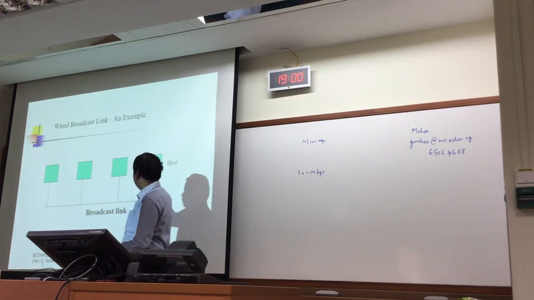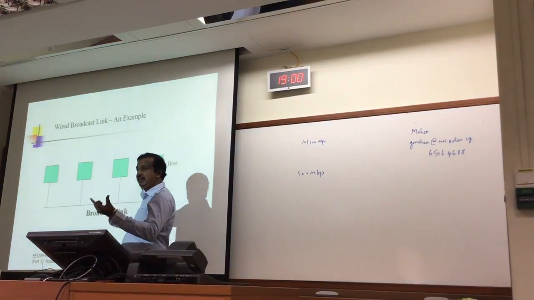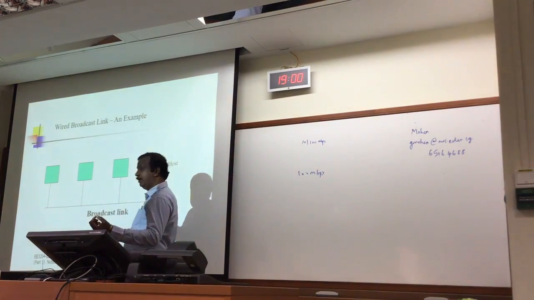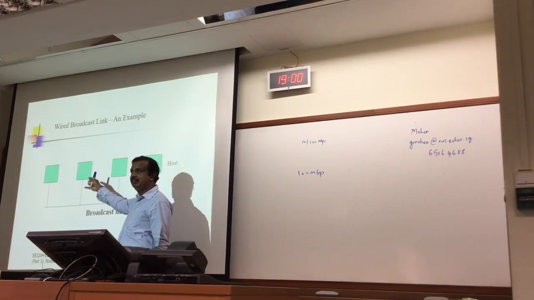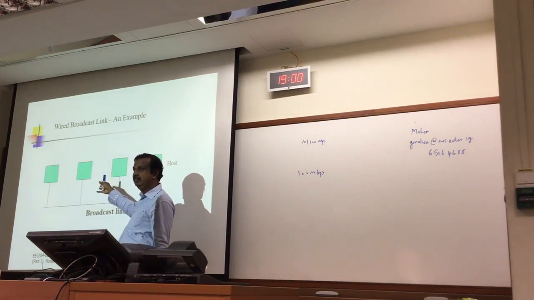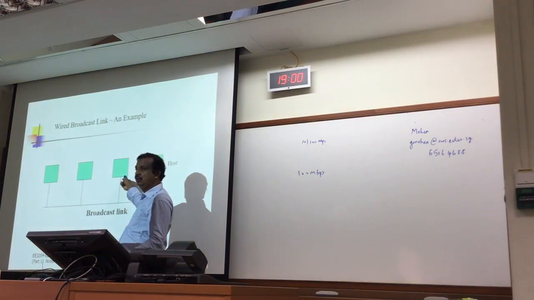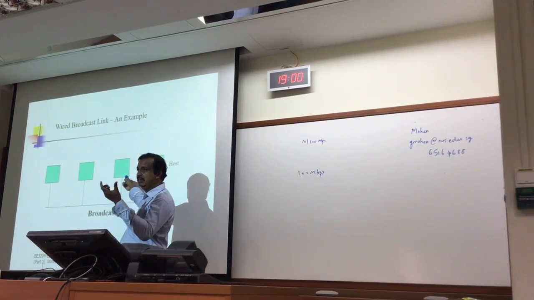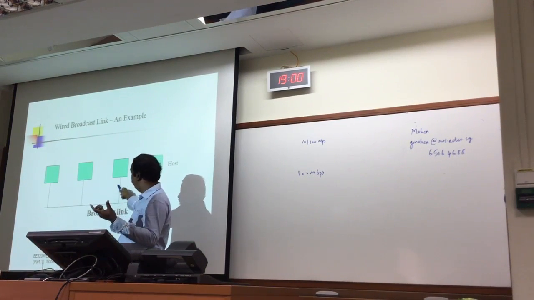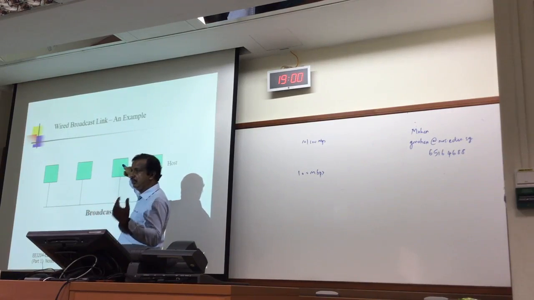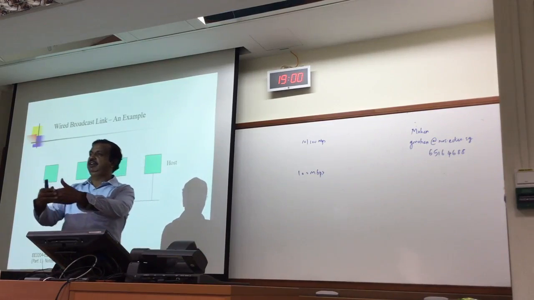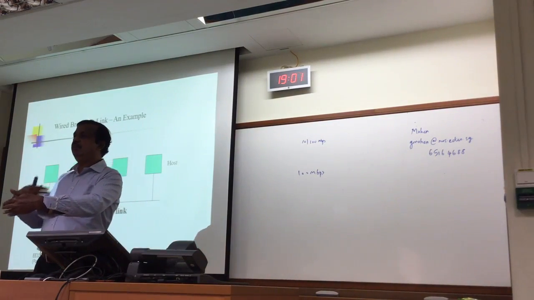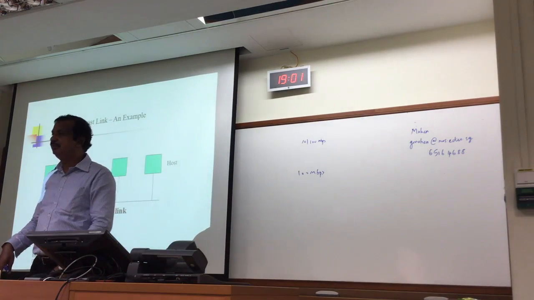That means if this host wants to send something to this one, it specifies the address and puts the data packet onto the link, which can be seen by everybody. But only the one who knows this address is meant for it will copy it for processing into the computer. Others will just throw it away at that level. Only the network adapter can see it, but they don't copy it for other processing.